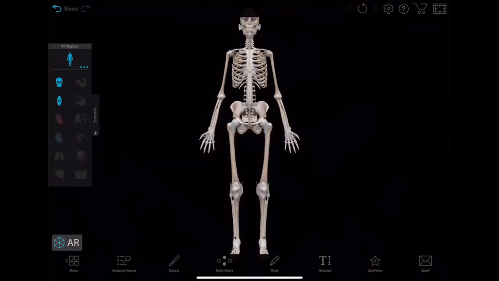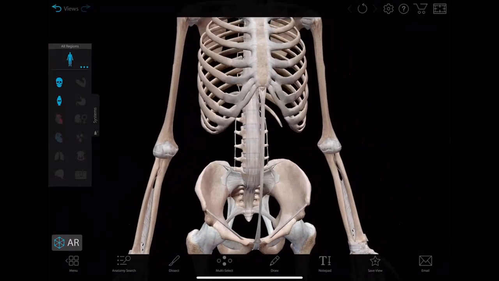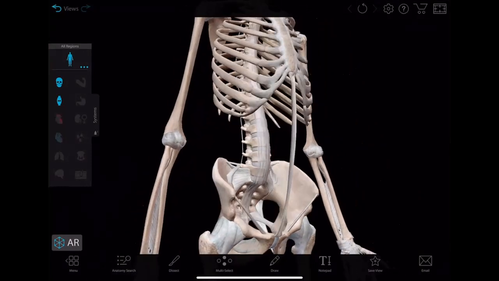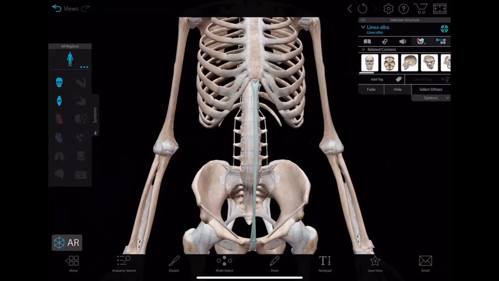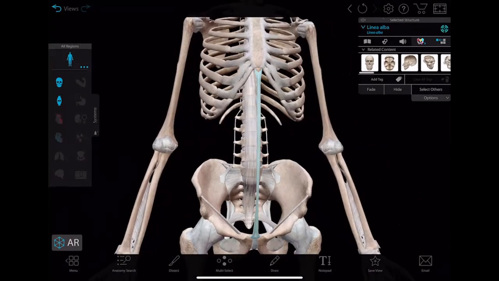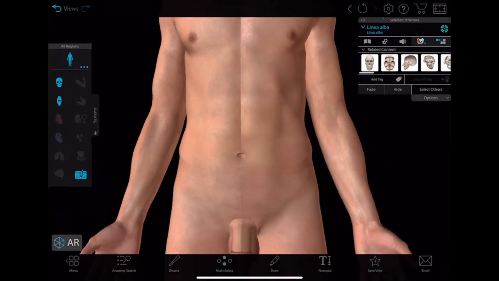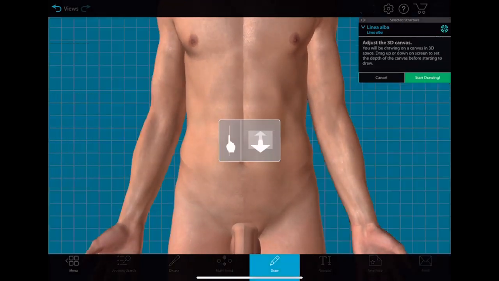Okay, so let us look at the anterior abdominal wall. This is the linea alba, and the rectus abdominis. So this is the anterior abdominal wall, right? Let us draw.